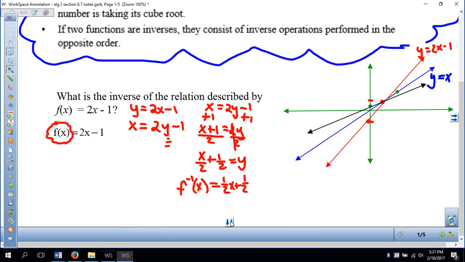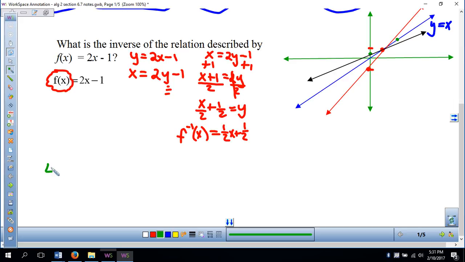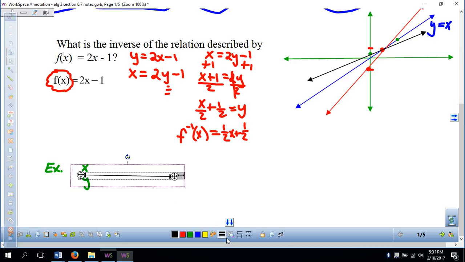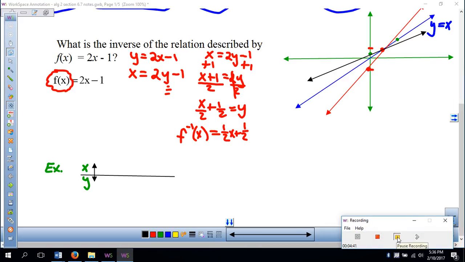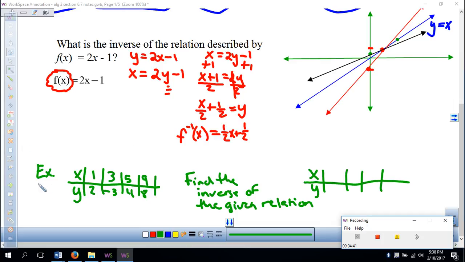Now, let's remind ourselves, if we're given a set of points, so let's say we're given this table of values where the x values are 1, 3, 5, and 9.